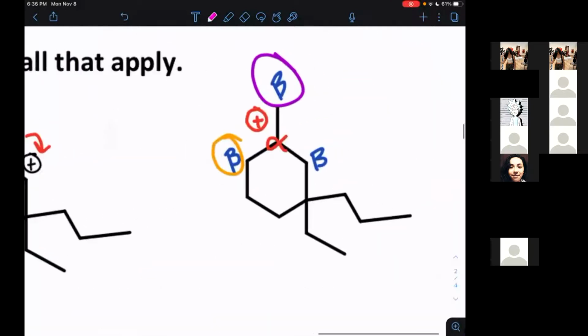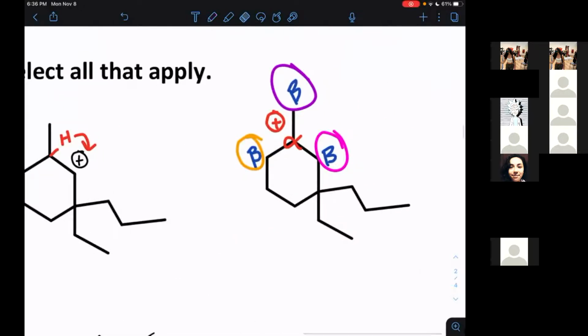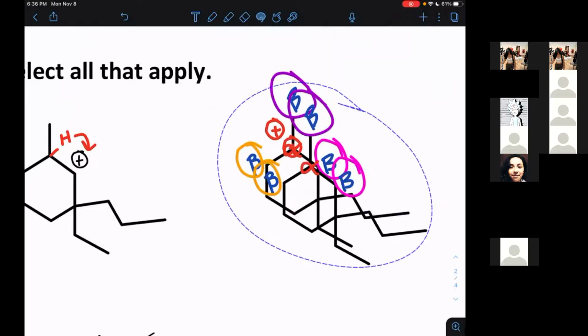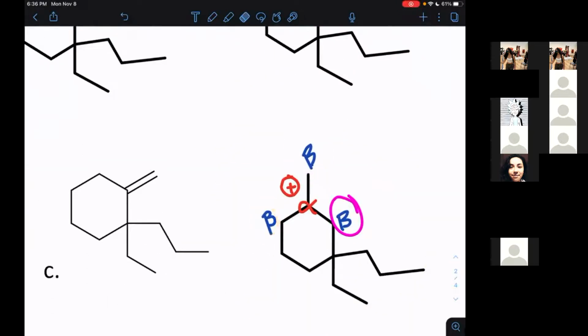Which one could be major? The major ones would be, let me think. Redraw it. I think those would be A and E. I think A and E would both be major. Oh, wait.